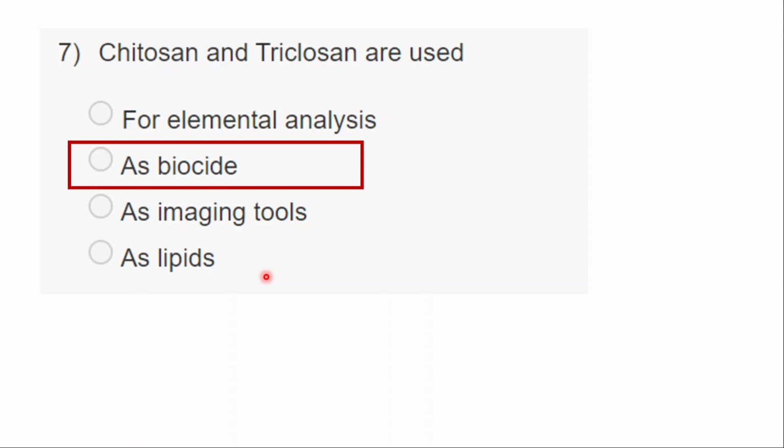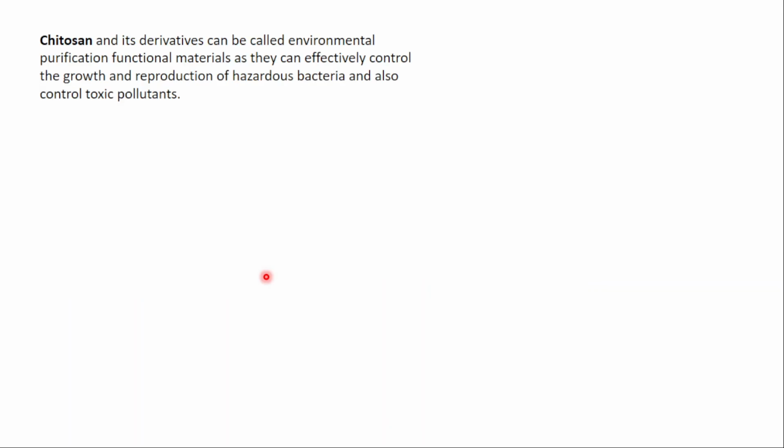So we have pesticides, we have herbicides. So all these are killing. All these are a form of biocide. Pesticide is very specific. It will kill pests. Herbicide will kill herbs and so on, right? So biocides are agents which can kill living organisms, not big humans, but as such. Chitosan and triclosan are biocides.